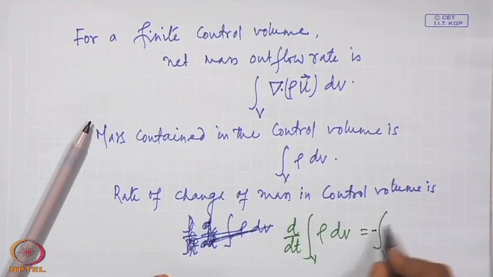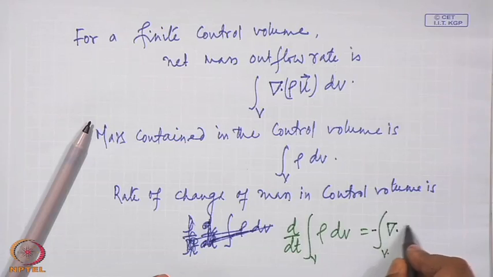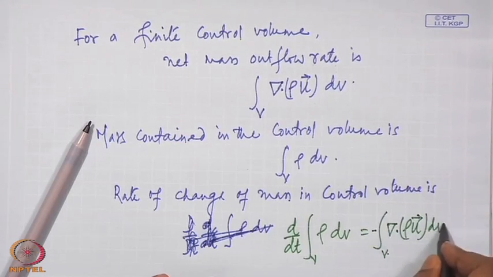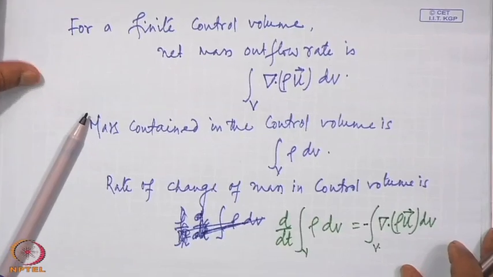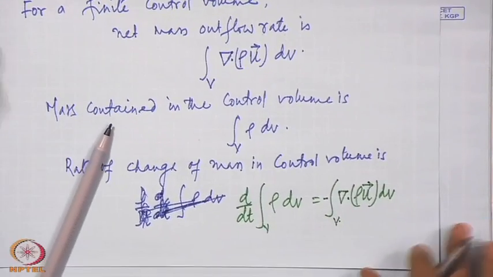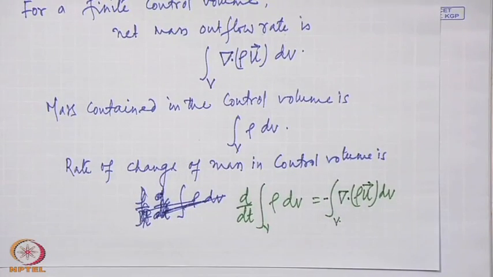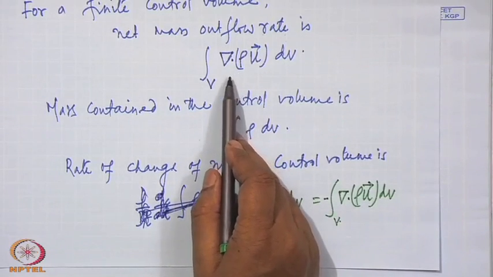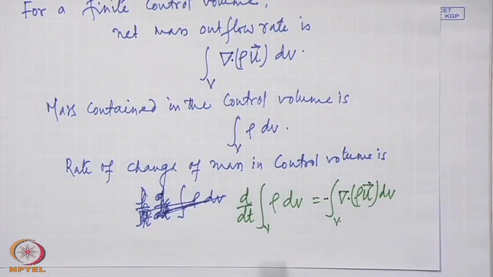This will be minus of this quantity. Agreed? We have considered the outflow here as positive. So, if there is outflow, then of course, the mass will decrease. So, they will have opposite sign.